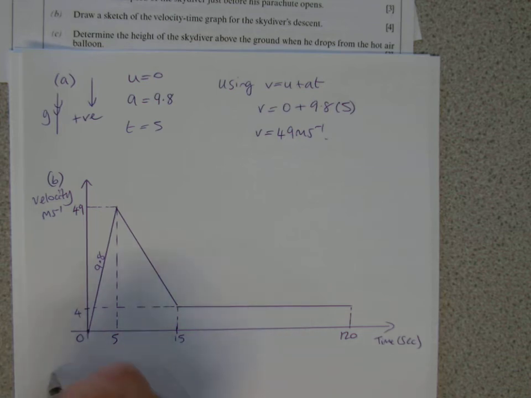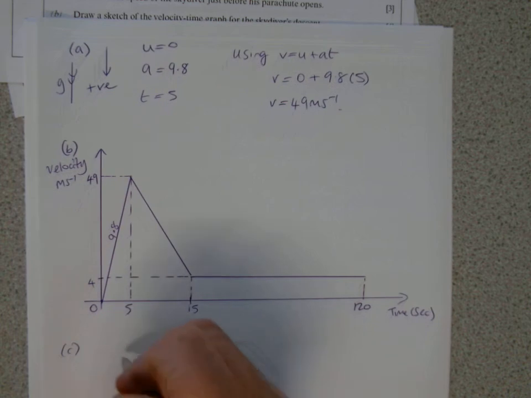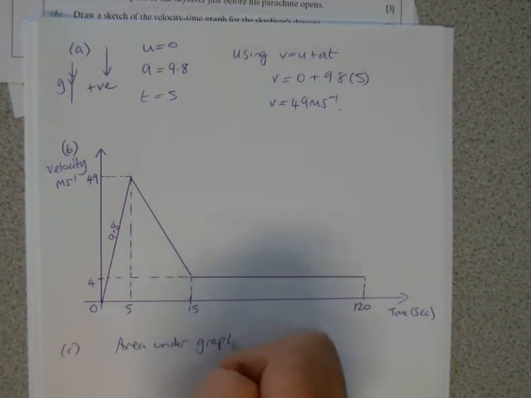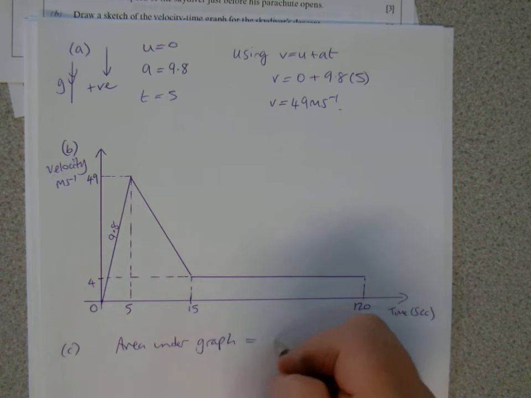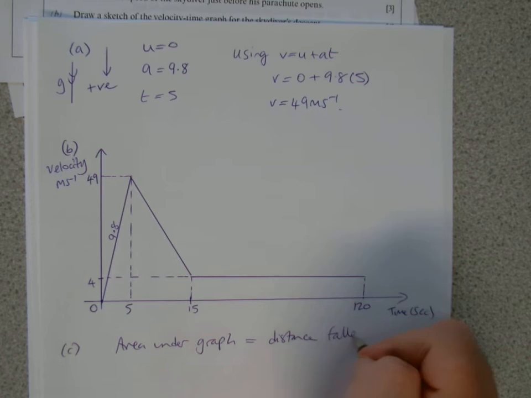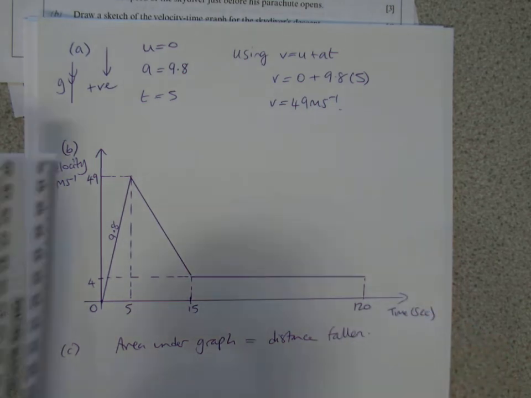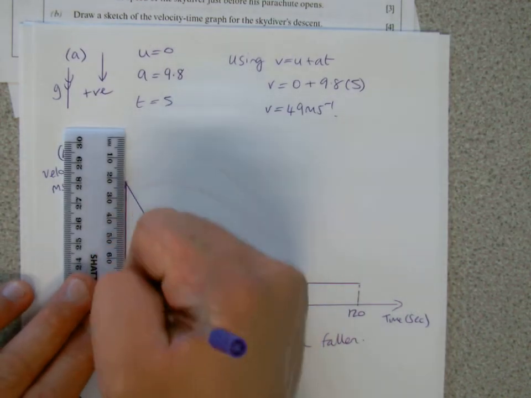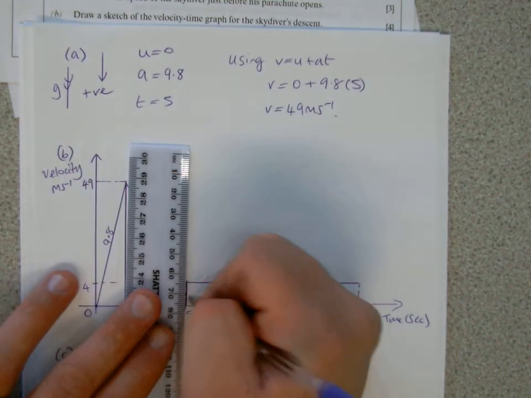But why are we going to do that when we've got a velocity time graph and we know the area under the graph is quite simply equal to the distance travelled, yeah? Or in this case, the whole distance of the journey, the distance fallen. Okay? So what I'm going to do to work out the area here, I'm going to split this up, as I said, into 3 parts. I'll perhaps emphasize that here by drawing lines here.